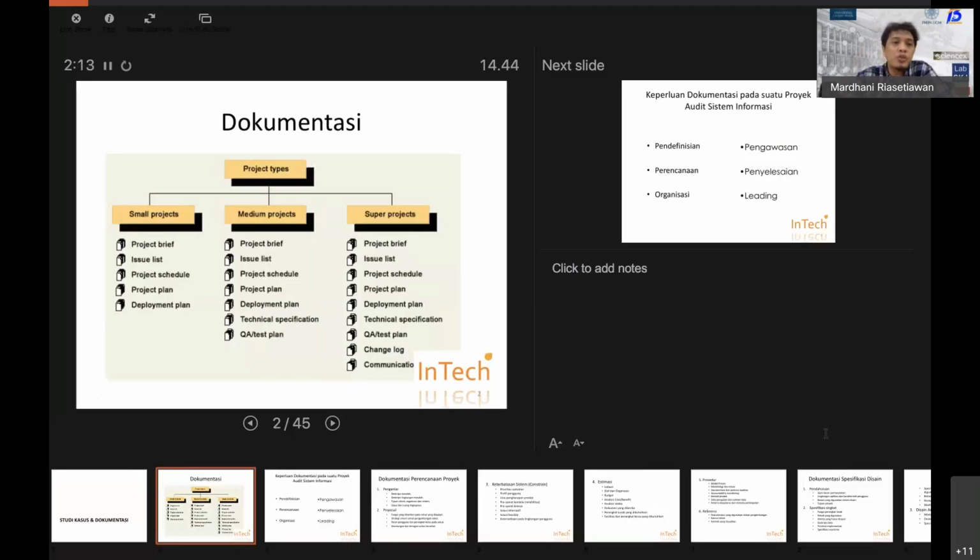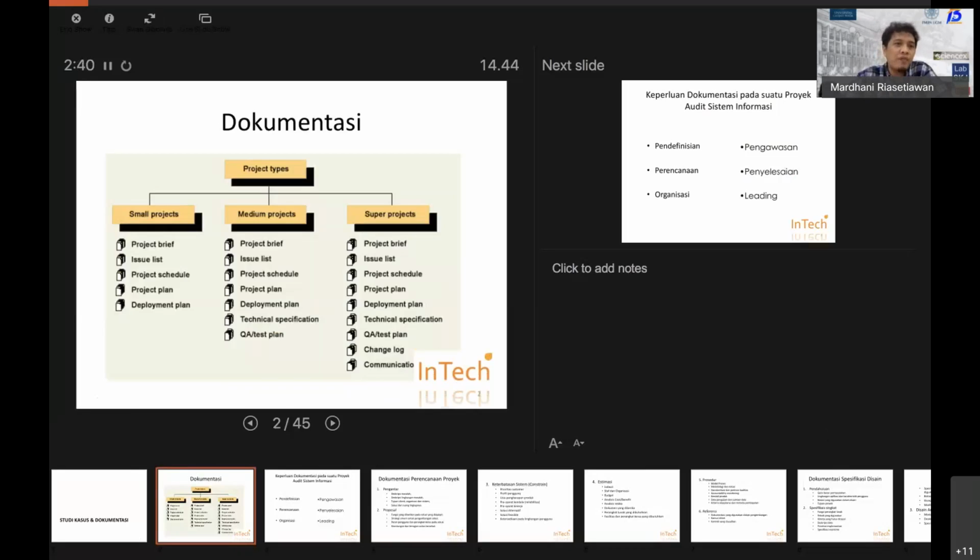So in the small project, we will need to check the project brief. It's like an executive summary, or in your thesis, like an abstract, something like that. So this is the project brief, and then we need to check the issue list. This is like the list of the coverage of the project, and then the project schedule.